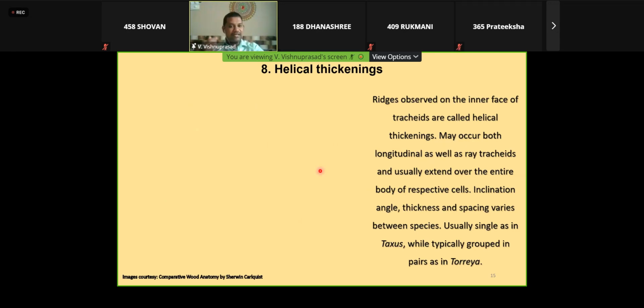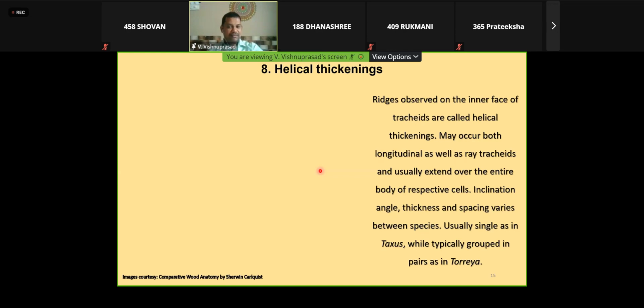They provide extra mechanical strength to that particular wood. So it appears like this. For example, as in Torreya, you can see this on the tracheids. There are these ring-like structures present. They are in pairs. So how they are arranged is also another feature. Again, it is not a very constant feature, not present in every species.